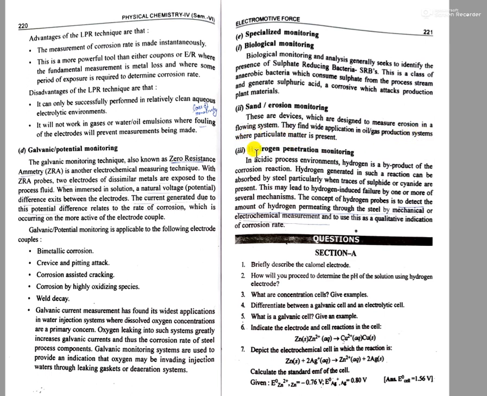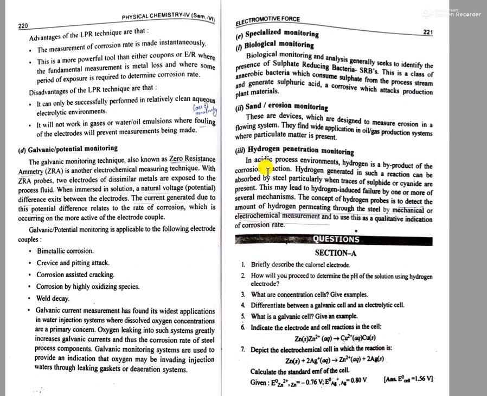Then you also have hydrogen penetration monitoring. In acidic process environments, hydrogen is a byproduct of the corrosion reaction. Hydrogen generated in such reactions can be absorbed by steel, particularly when traces of sulfide or cyanide are present, and this may lead to hydrogen induced failure by one or more of several mechanisms.